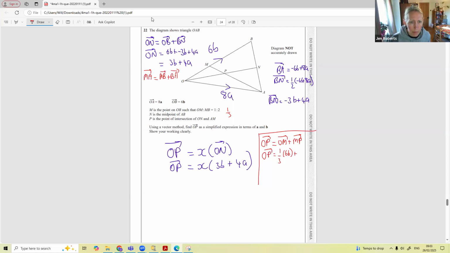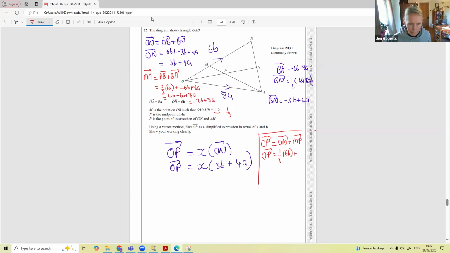MB is 2/3 of 6B, plus B to A is minus 6B plus 8A. 2/3 of 6B is 4B, so it's 4B minus 6B plus 8A, which is minus 2B plus 8A.